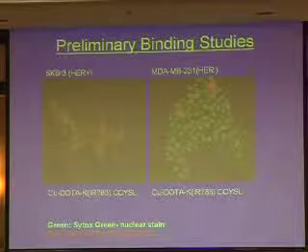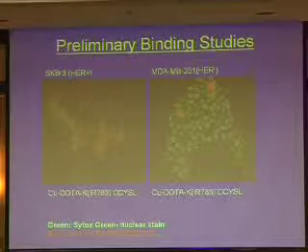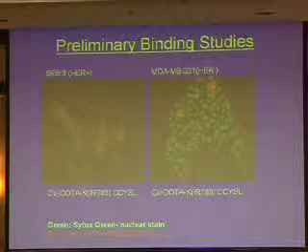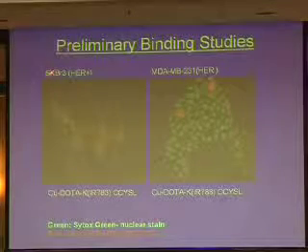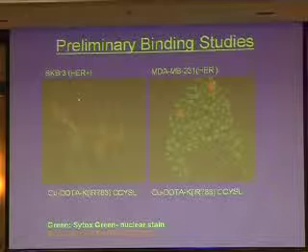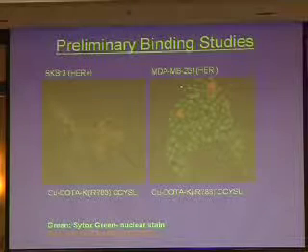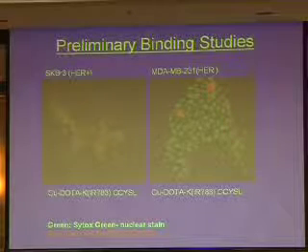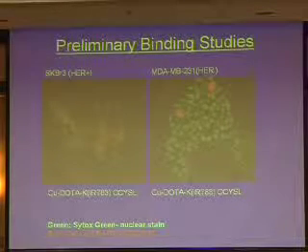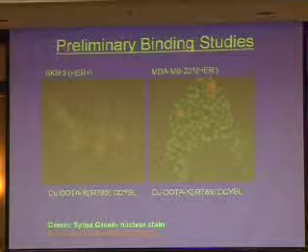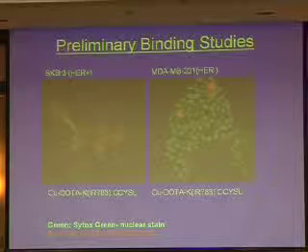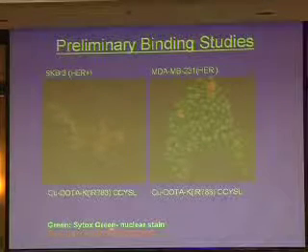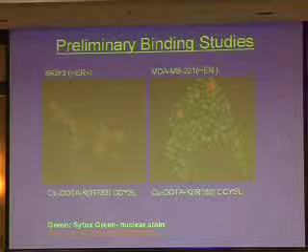So from the preliminary binding studies I have conducted thus far, I've used 2 breast cancer cell lines, which are SKBR3, which overexpresses the Her2 receptor, and MDA-MB231, which expresses minimal Her2. These images are from a confocal microscope, and the green signal represents Cytox Green, which is a nuclear stain, and the red represents the peptide.